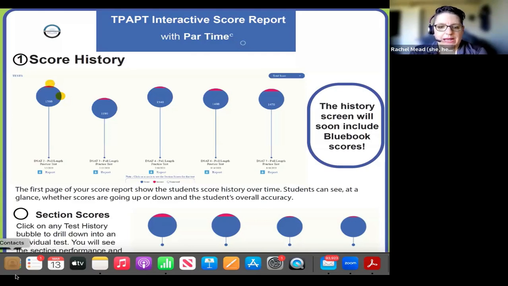Down at the bottom, I can see which test version they took. I can see the date that they took that particular test. And then also in that blue arrow, we have the opportunity to download the full set of reports for that particular exam. And that's definitely something that I recommend doing, as that individual score report gives us some great information that we can use to customize our lesson planning with our one-on-one tutoring students.